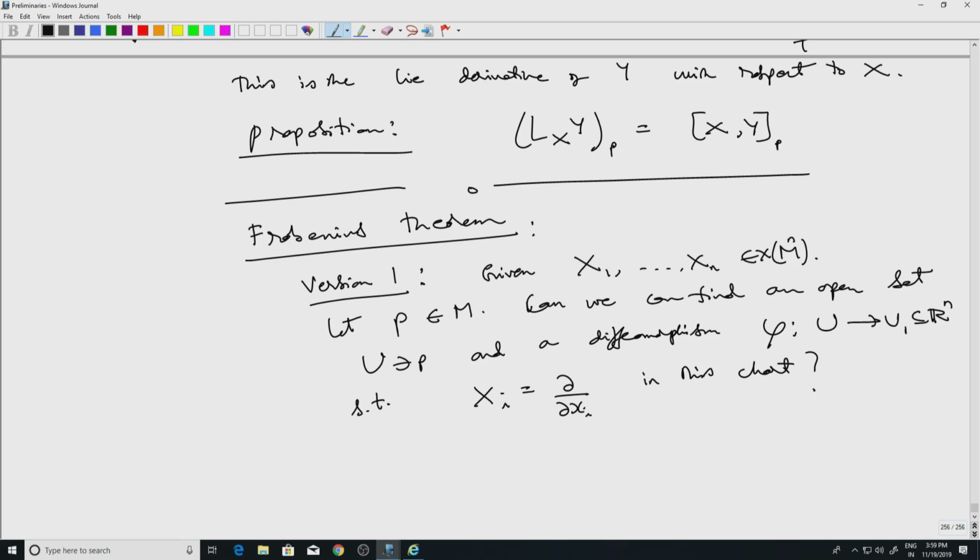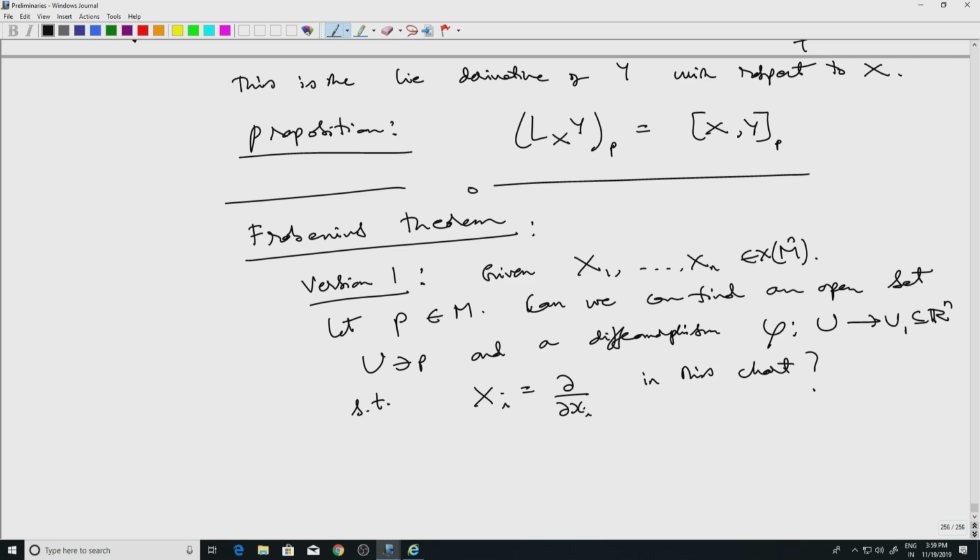As usual, del by del x_i denotes the pullback under the derivative of phi inverse of the usual del by del x_i operators in R^n. So can we find a chart so that these vector fields, which we are starting with, satisfy this?